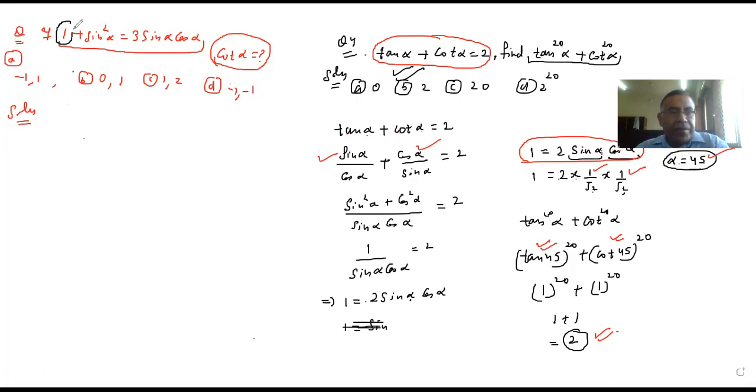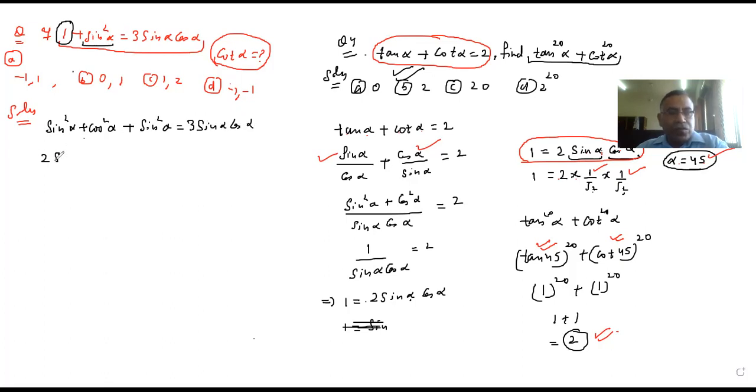This 1 can be written as sine square alpha plus cos square alpha, plus this sine square alpha, is equal to 3 sine alpha cos alpha.